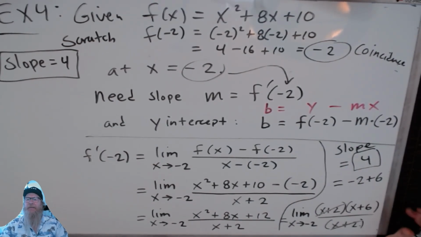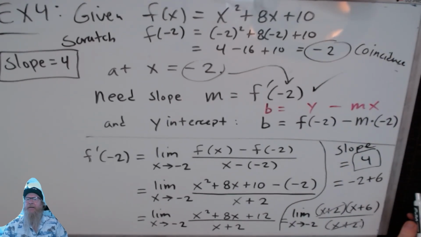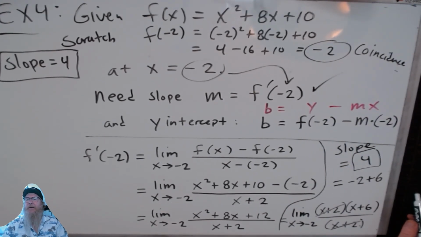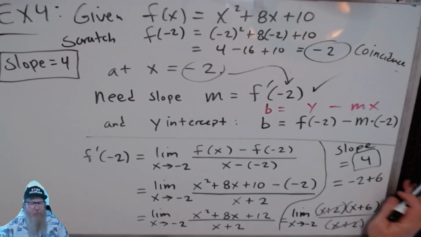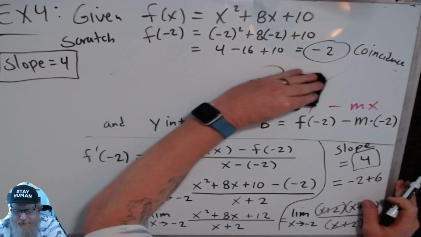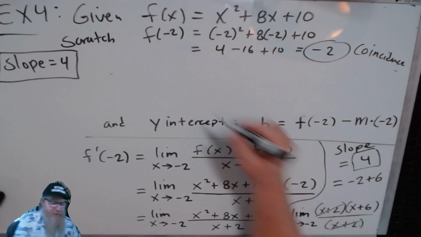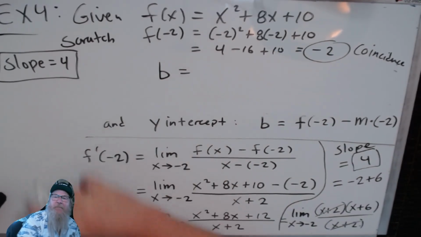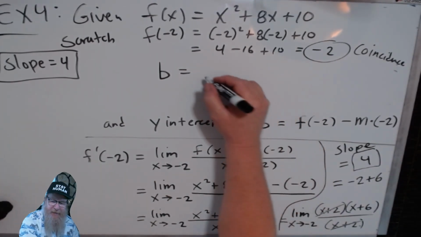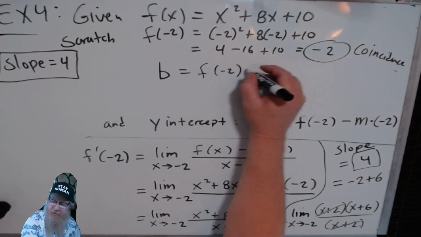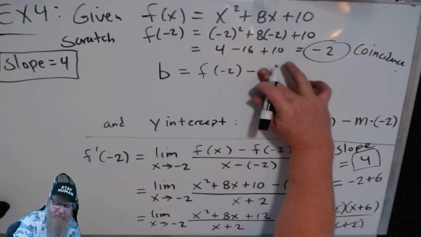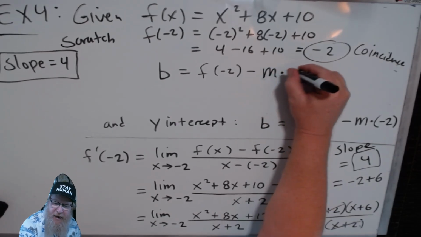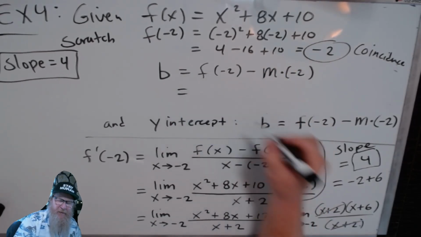All right. So we got the slope. Check. And now we need the y-intercept. So b is the y-intercept. That's going to be f of negative 2 minus m times negative 2.